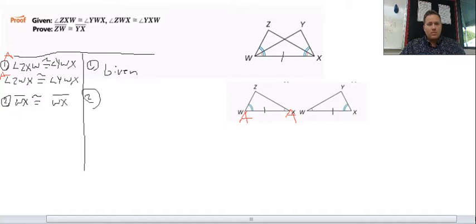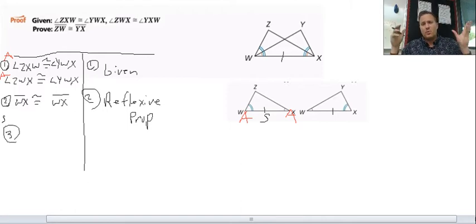And how do we know that? That is my reflexive property. So 3 now. Here is my side right there. I have a side.